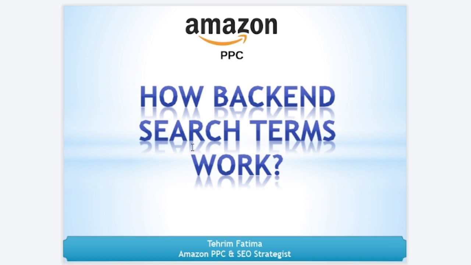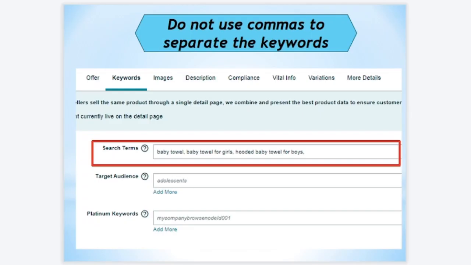So first thing, we need to understand how these backend keywords actually work. When we add different words here, these words have the ability to combine with every single other keyword present in this section.